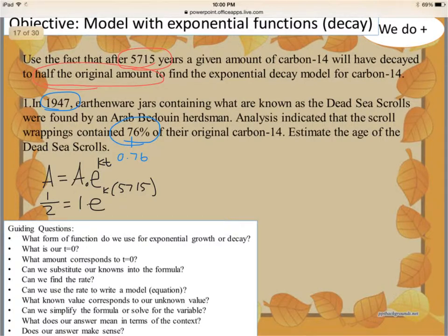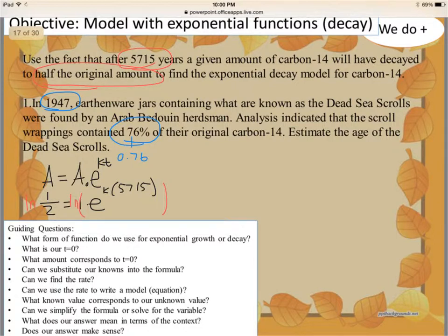Given that we have all of that, now I'm going to be able to solve for k, just like we did before in those previous problems. I'm going to ignore the fact that we have 1 times e, and stop writing that coefficient, but what I am going to do is take the natural log of both sides.